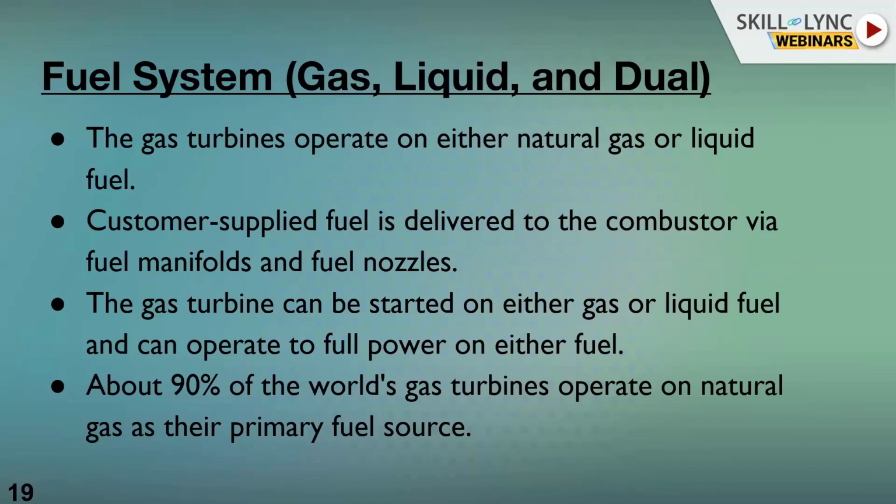But again, depending on the end customer's availability of fuel, they will request manufacturers to design their power plants accordingly. Because of the availability of natural gas around the world, around 90% of gas turbines are operating on natural gas as the primary fuel source.